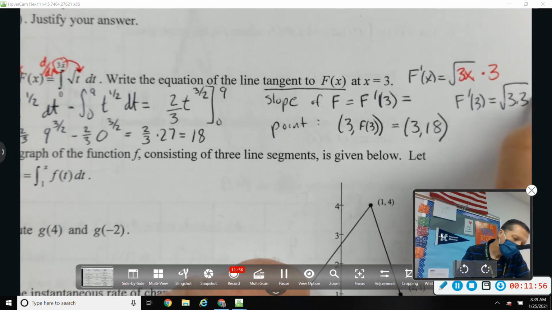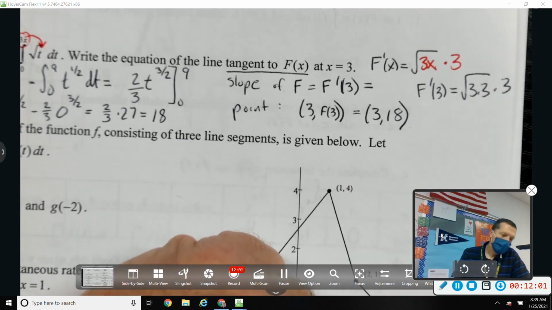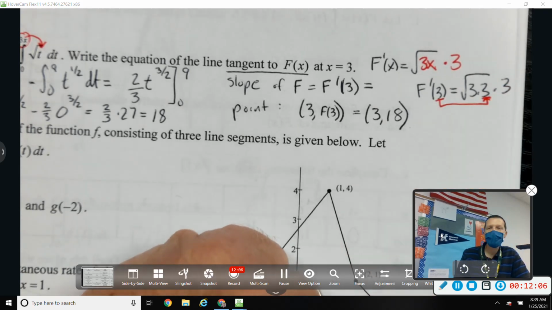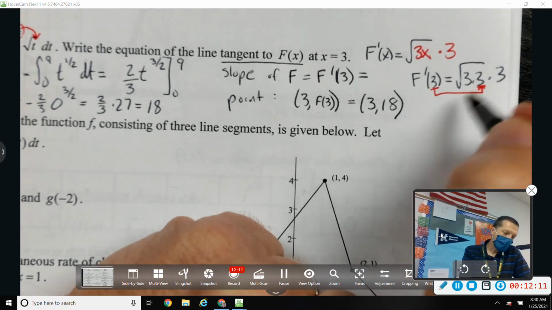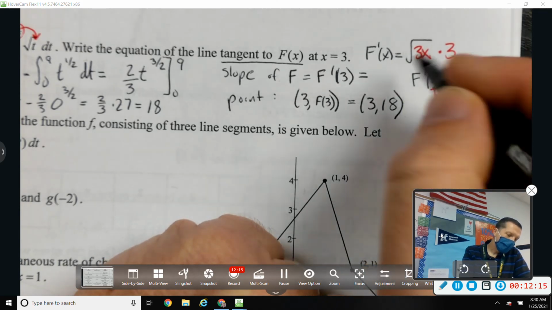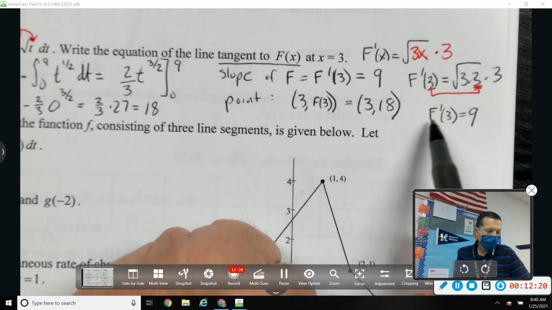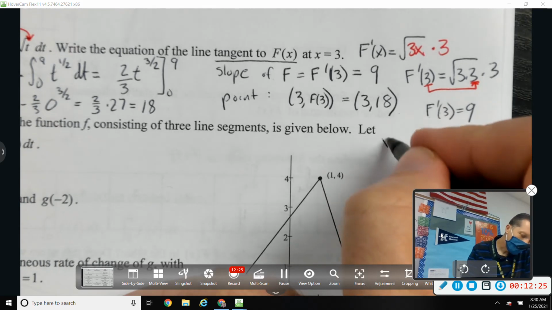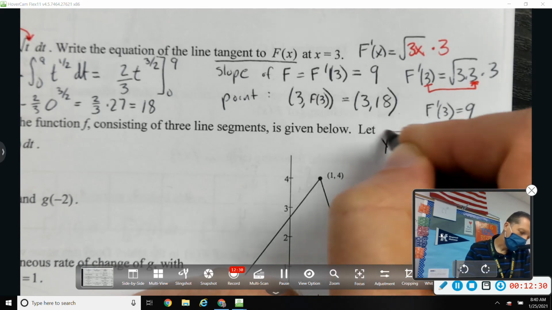The square root of 3 times 3, times 3. This 3 was the input 3. The other 3's were part of the formula. Square root of 9 is 3, times 3 is 9. So the slope of F is 9. The point is (3, 18). This should be easy now. y minus 18 equals 9 times x minus 3.